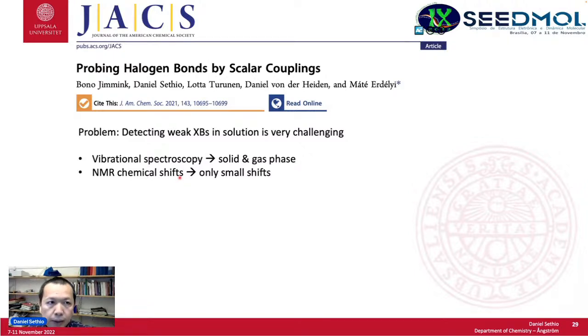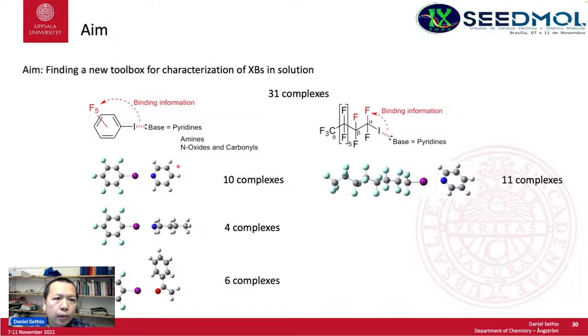So the aim of this study is to propose a new toolbox to probe this weak halogen bonding. So we propose using scalar coupling constants in 31 weak halogen bond complexes consisting of aromatic and aliphatic halogen bond donors.